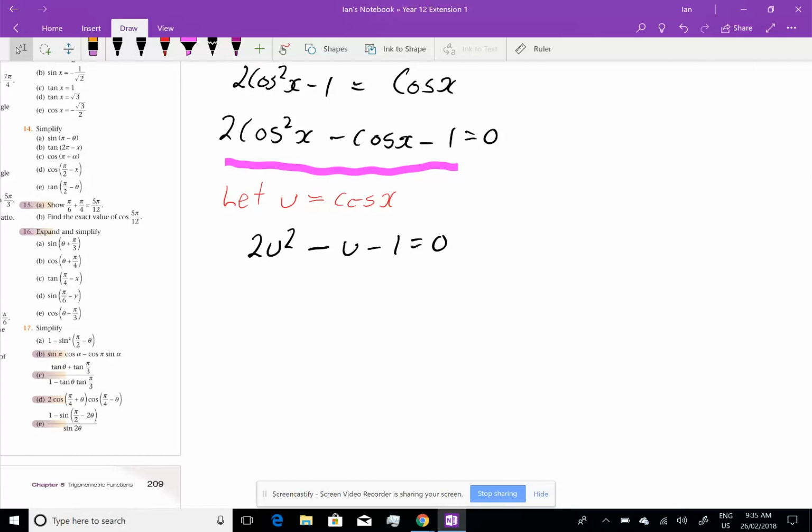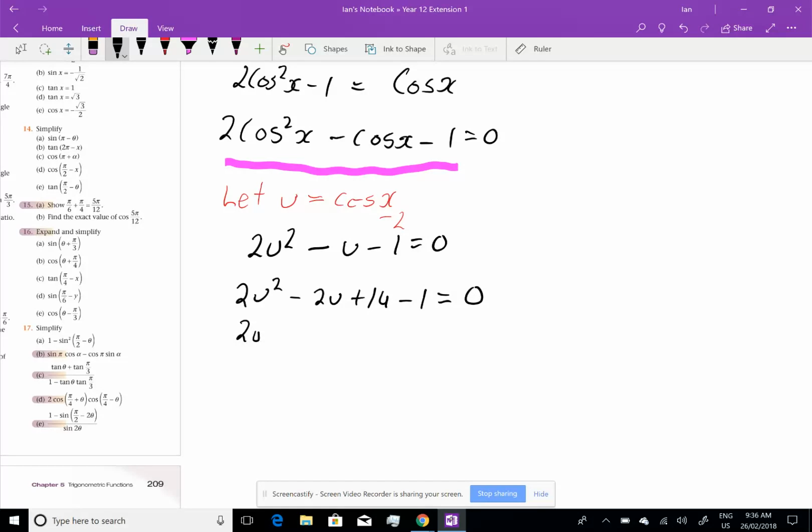I need something that multiplies out to minus 2 and adds up to minus 1, so I get 2u squared minus 2u plus 1u minus 1. I haven't changed the equation. This is our split method for solving.